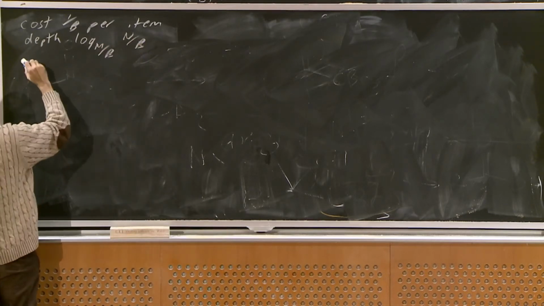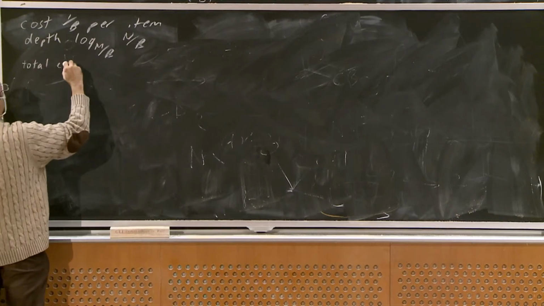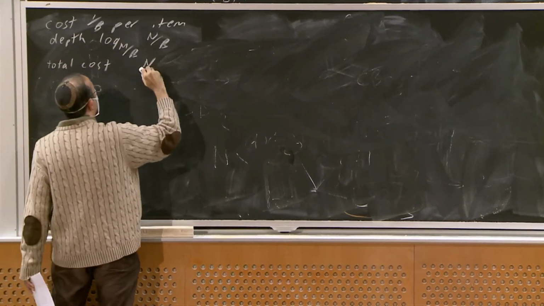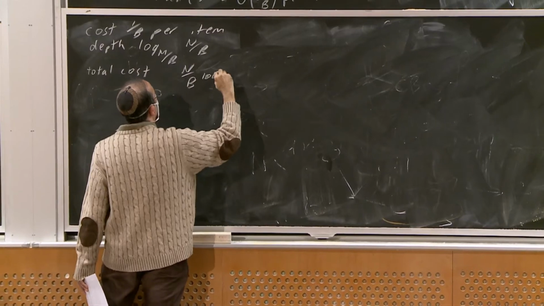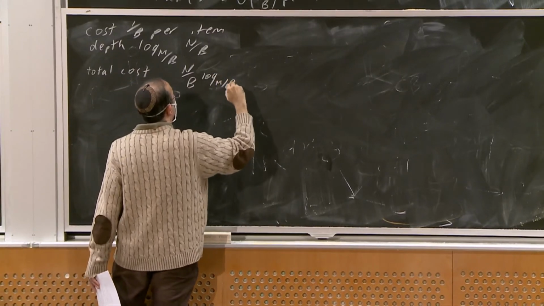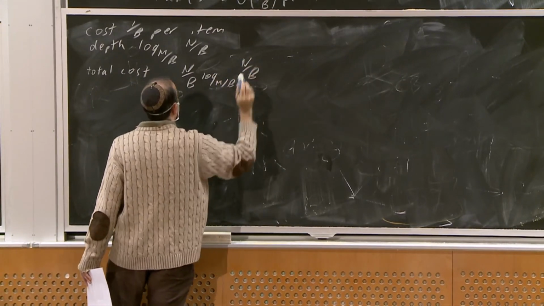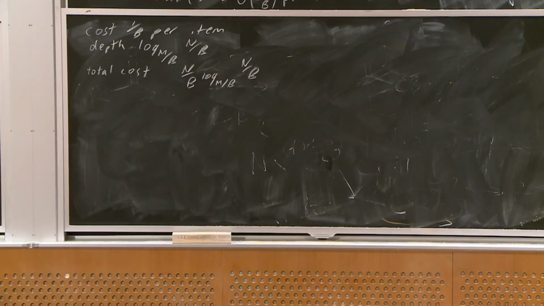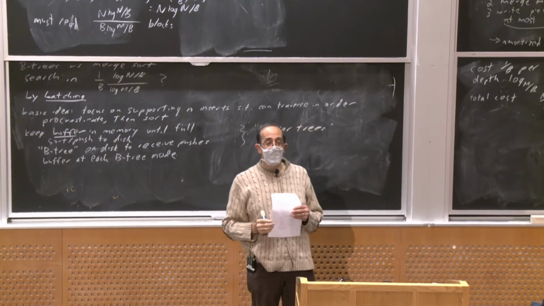And so that's the end, right? The total cost of all the pushdowns is n over b log base m over b of n over b. So pushing everything into this data structure costs you the same amount as sorting all of the items.